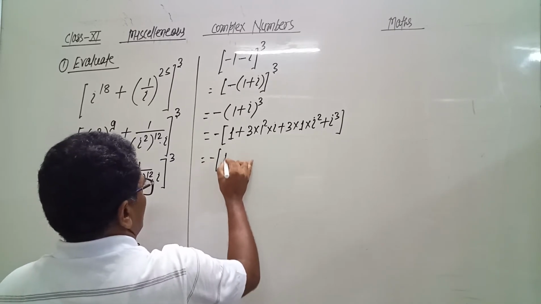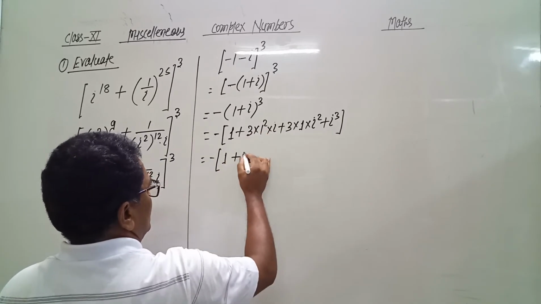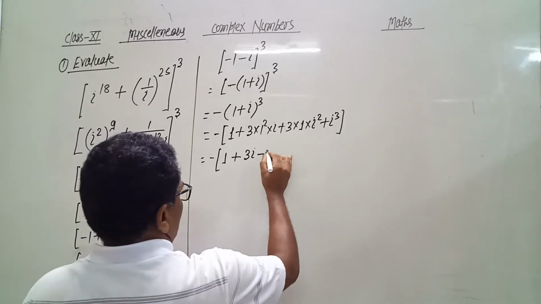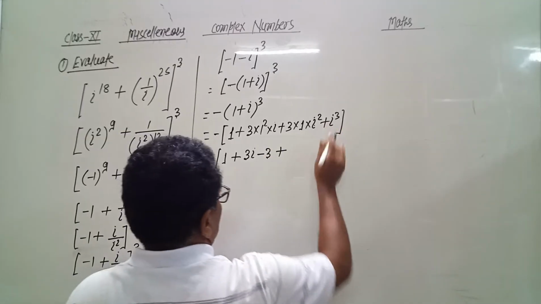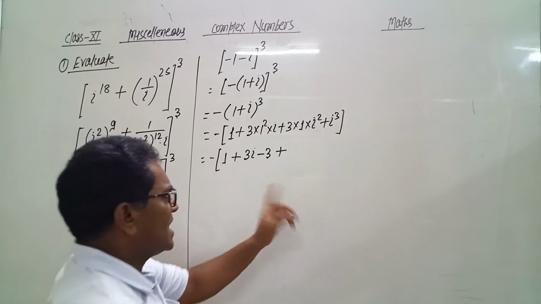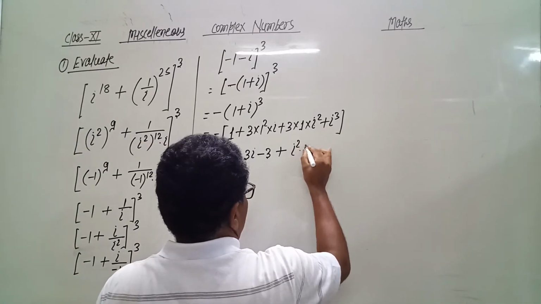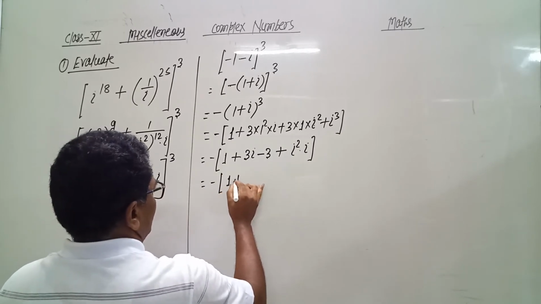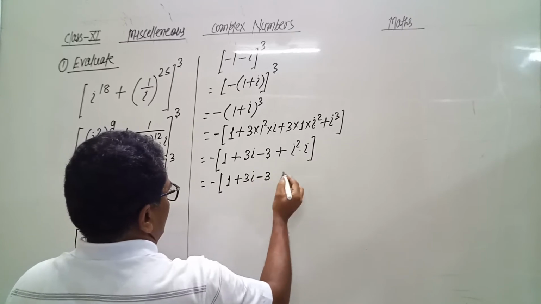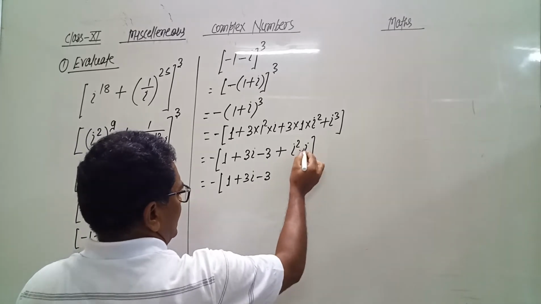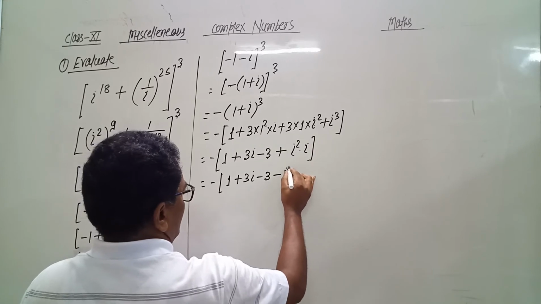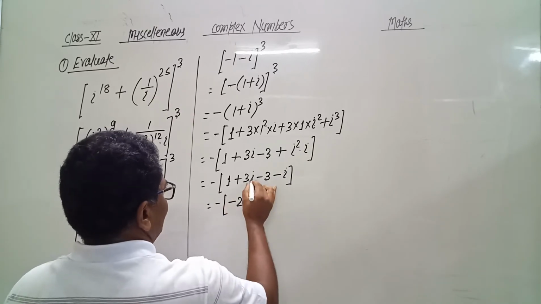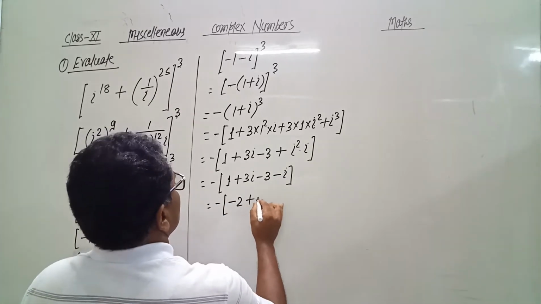Then minus of 1 plus 3i plus 3i^2 plus i^3. Since i^2 is minus 1, this gives 1 + 3i - 3 - i. Combining, minus 1 minus 3 is minus 2, and 3i minus i is 2i.